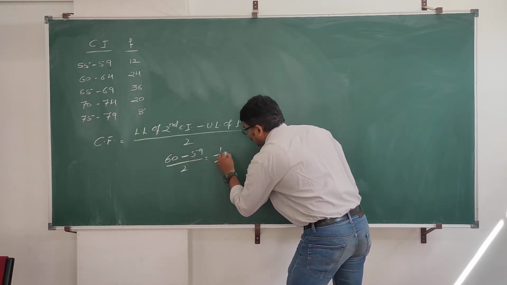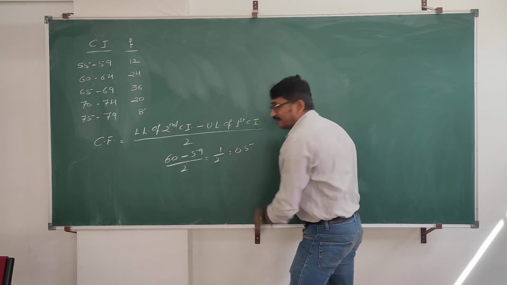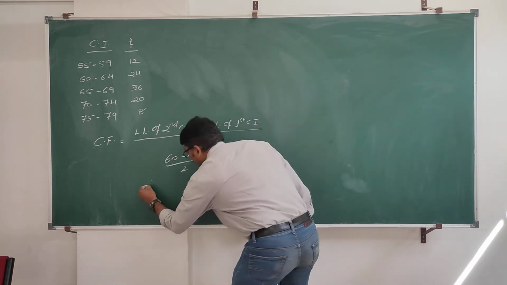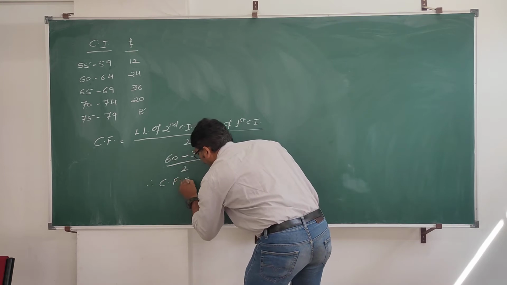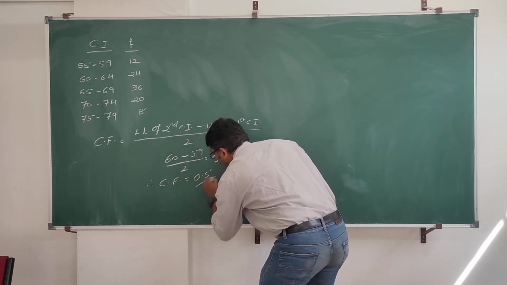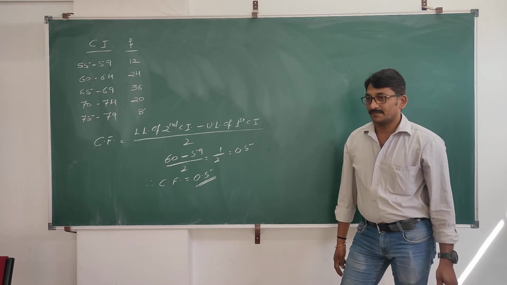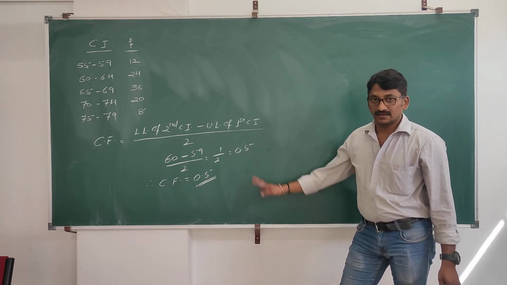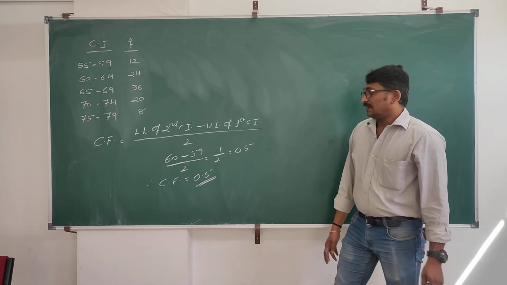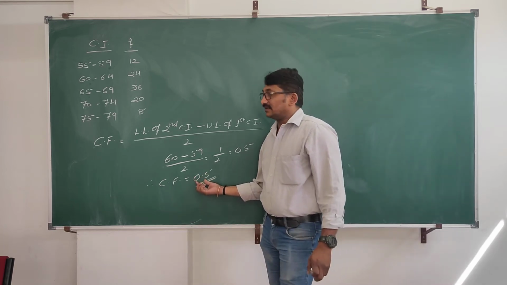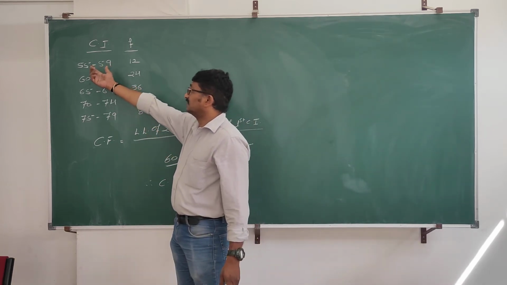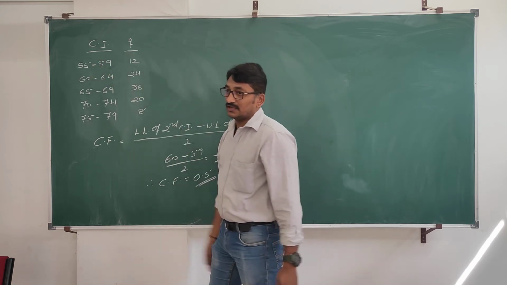So answer is 1 upon 2, which is nothing but 0.5. Therefore, correction factor value is 0.5. Clear? Okay.